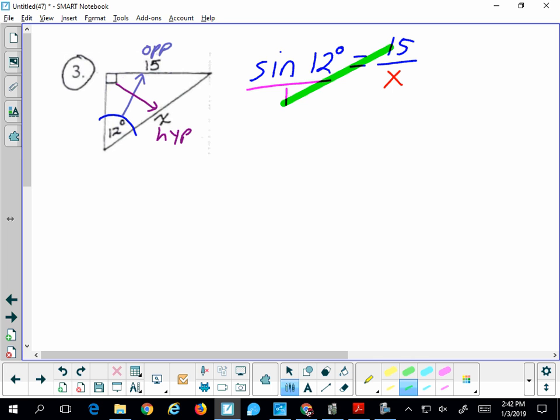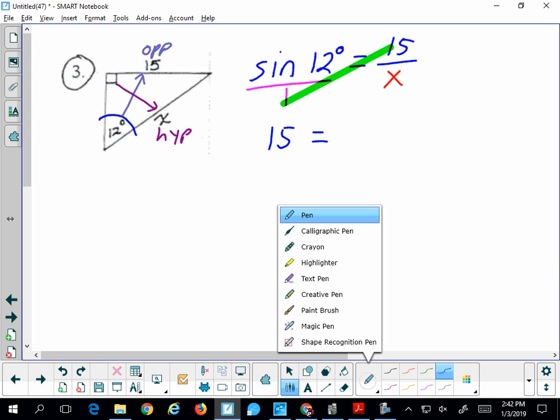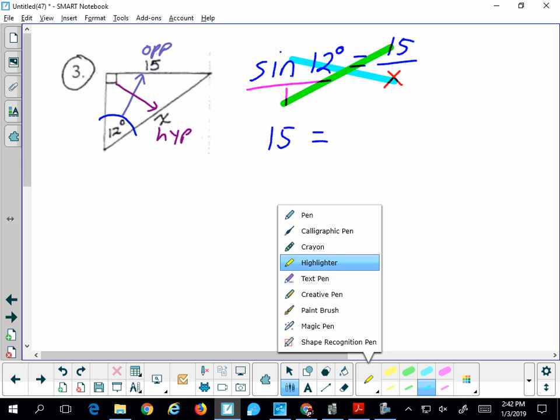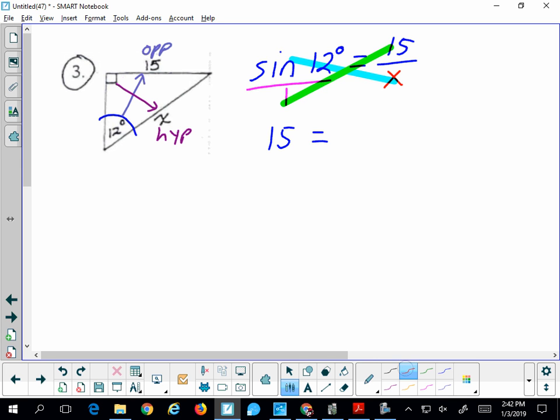So I'm going to multiply here, which is 15 times 1, or just 15, equals multiply here, and I get x times, remember that sine of 12 degrees is one single piece, so I have to write the entire part, x times the sine of 12 degrees.